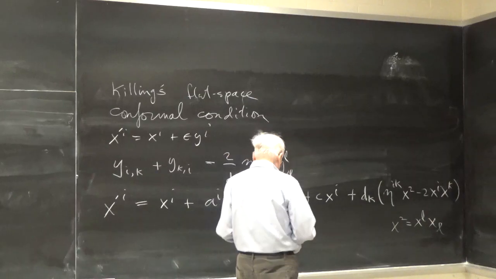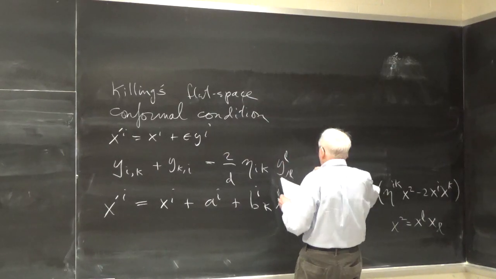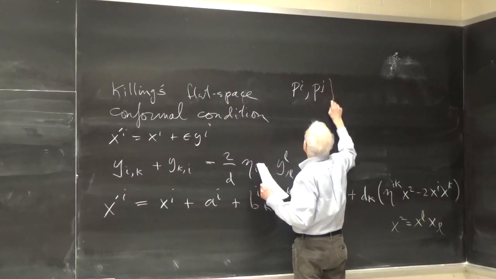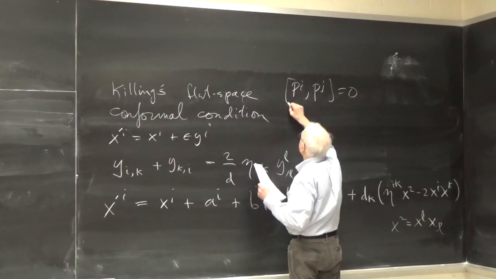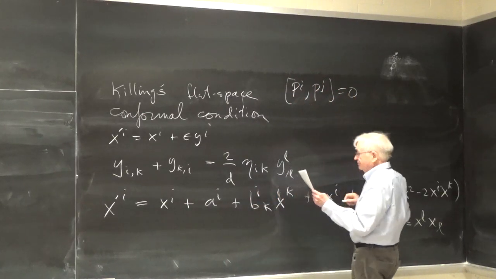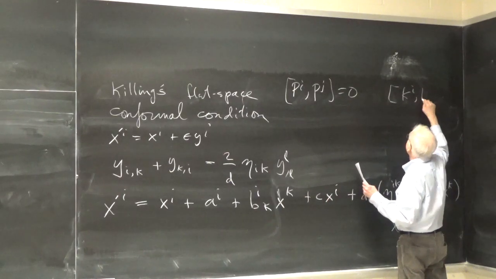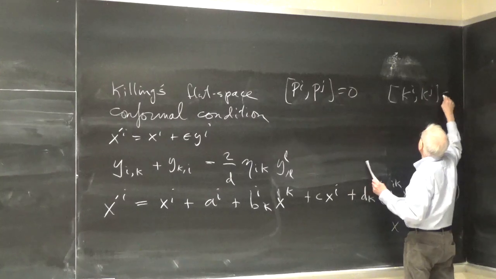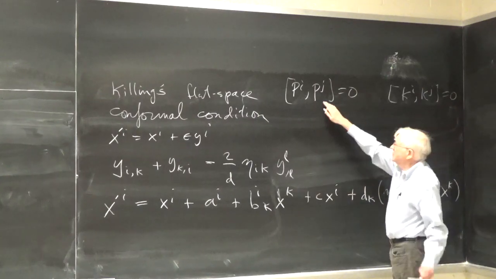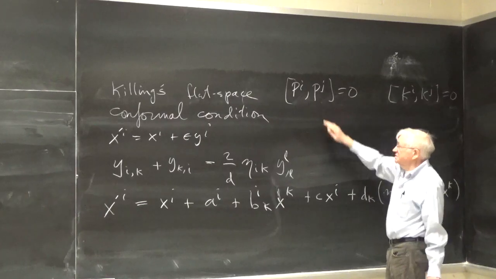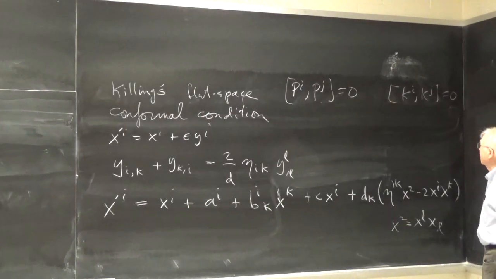It's probably worthwhile writing down these commutation relations just because they're so important. So these are the translation operators. These generate translations. They're the energy momentum 4 vector.